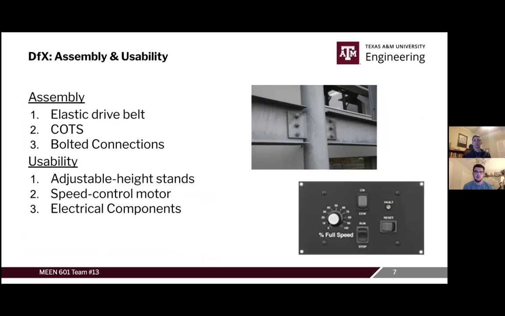For usability, we created adjustable height stands that will allow for easier, more convenient use of the system. Again, the speed control motor eliminates the need for the grocery store employee to understand power and torque and some of these higher engineering concepts. And then lastly, we designed the system to have all of our engineering components on one side of the assembly.